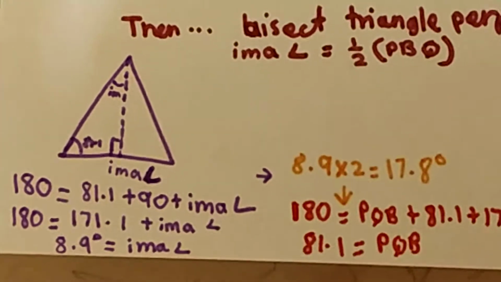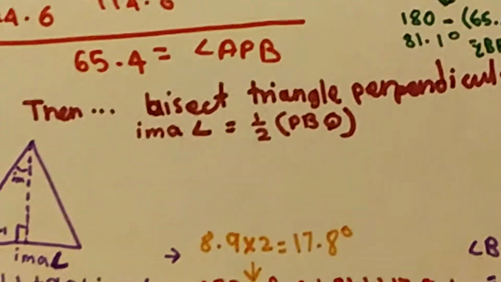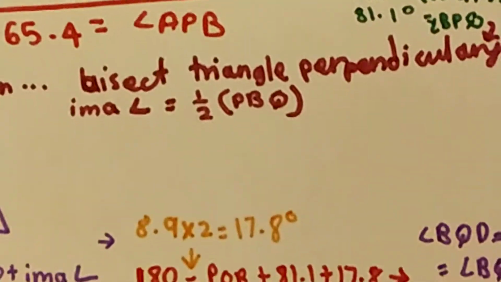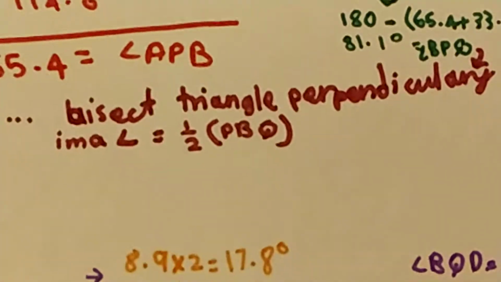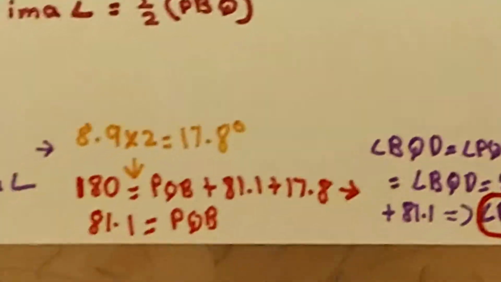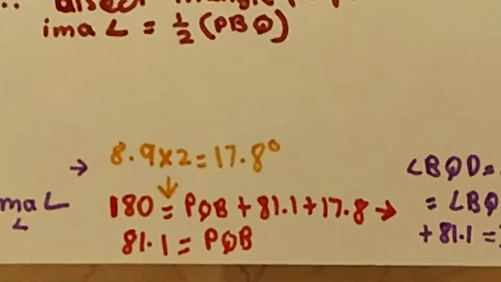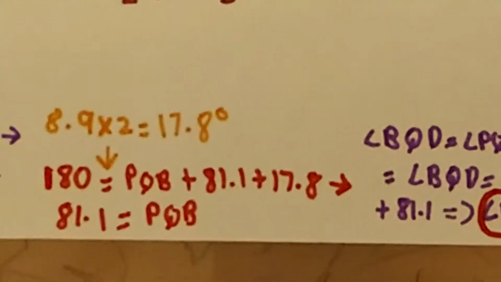And 8.9 is the imaginary angle. To find the actual angle PBQ, I multiplied the imaginary angle by 2, and I got 17.8 degrees.